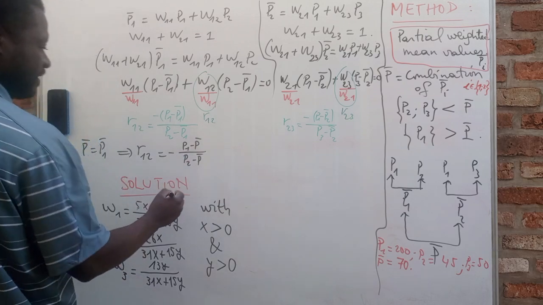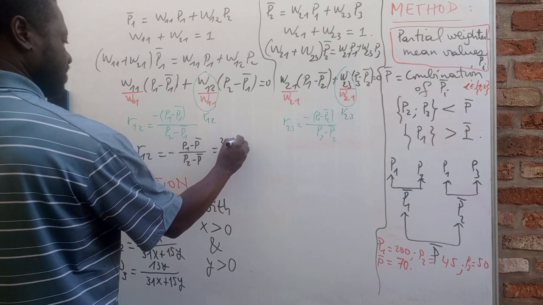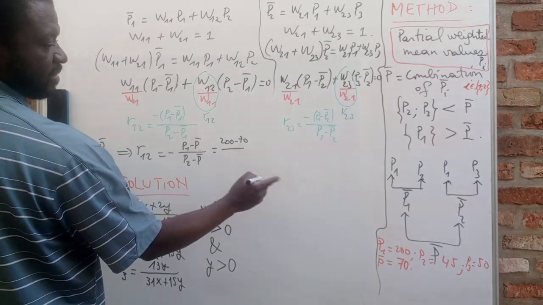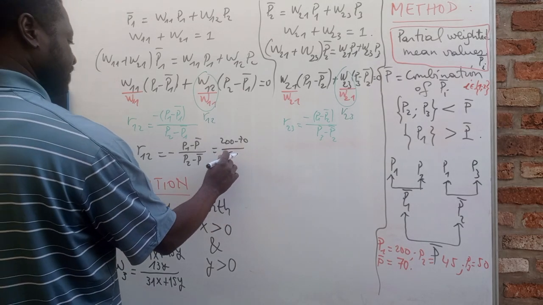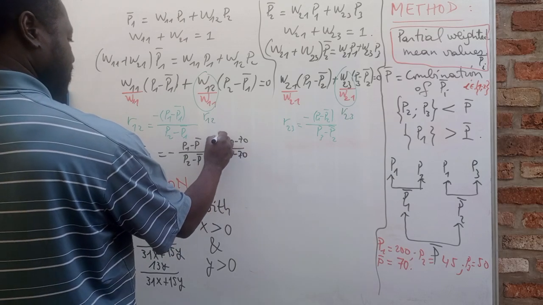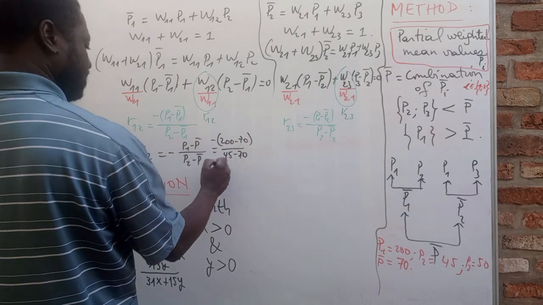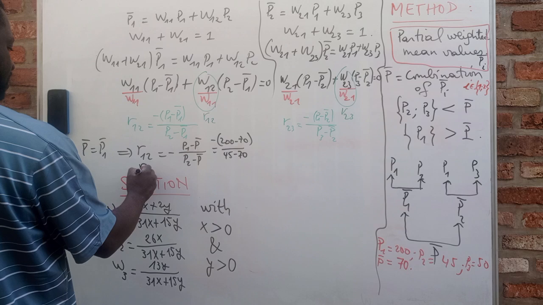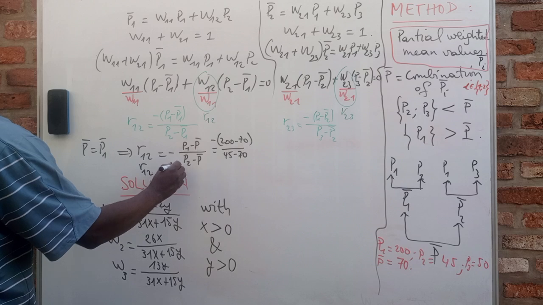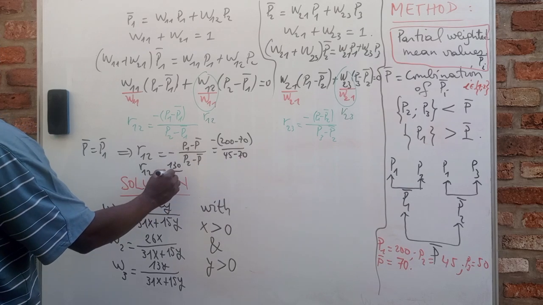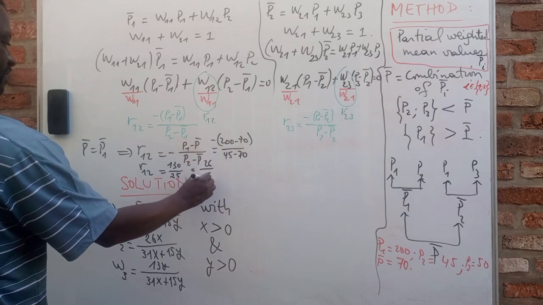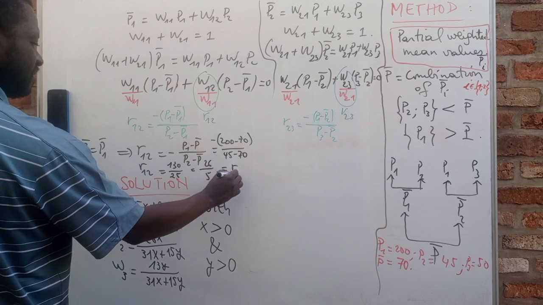Doing so, we have 200 minus 70 divided by P2, which is 45, minus 70, associated with a negative sign here. So we get R12 equal to 130 divided by 25, and by simplification 26 over 5. So that is the first ratio.